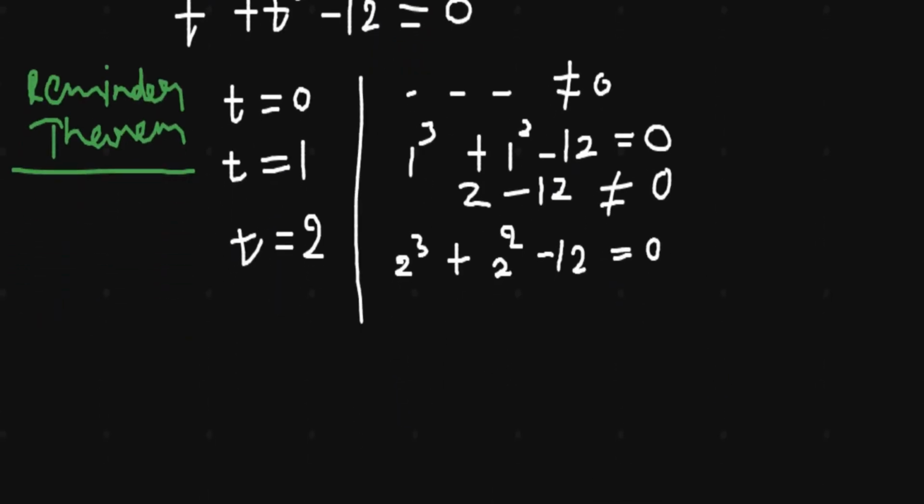So 2 cube is 2 twos are 4, 4 twos are 8, plus 2 square is 4 here. 8 plus 4 is 12. 12 minus 12 is 0. So we have one solution for t here, that is t is equal to 2.